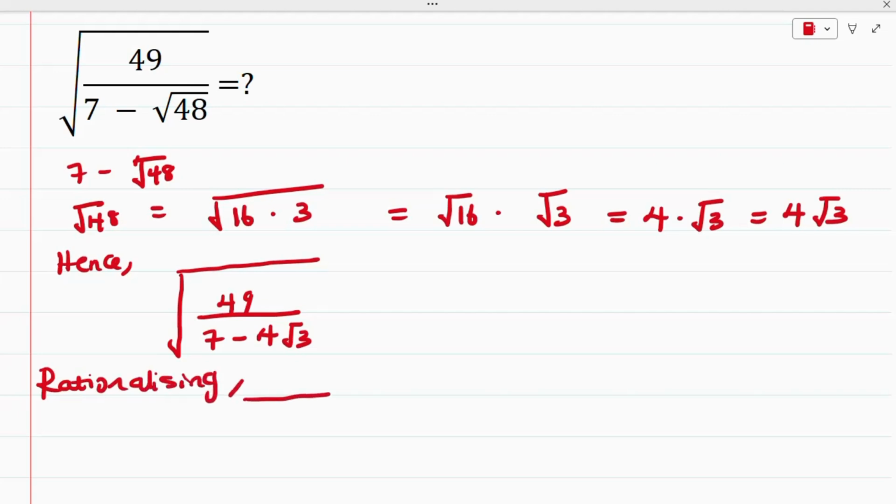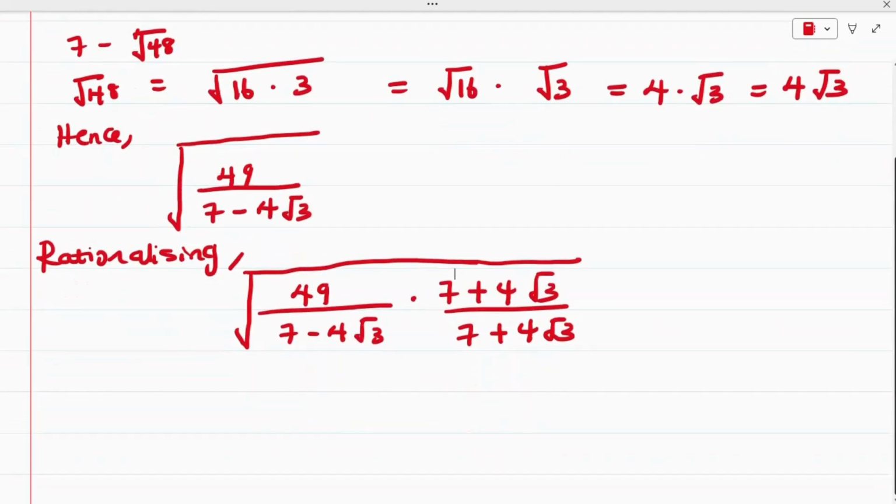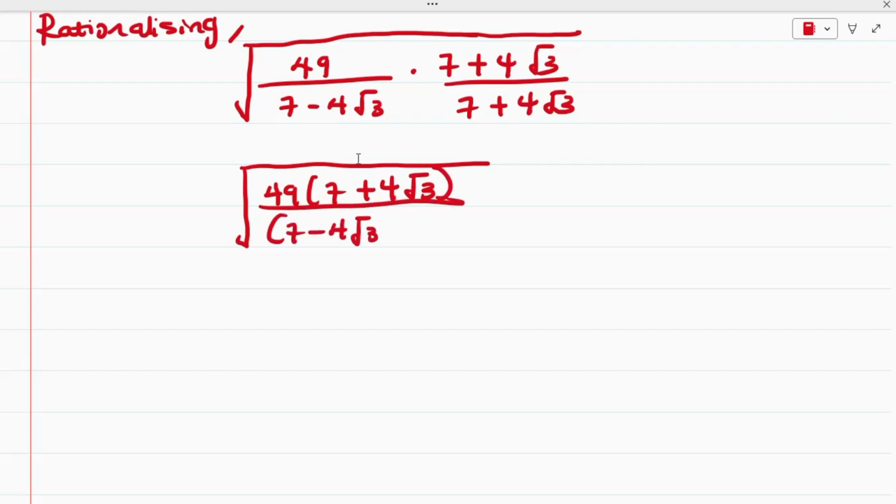So rationalizing, we have the square root of 49 divided by 7 minus 4 root 3, multiplied by 7 plus 4 root 3 divided by 7 plus 4 root 3. So from here we have the square root of 49 multiplied by 7 plus 4 root 3, divided by, for the denominator, 7 minus 4 root 3 multiplied by 7 plus 4 root 3.